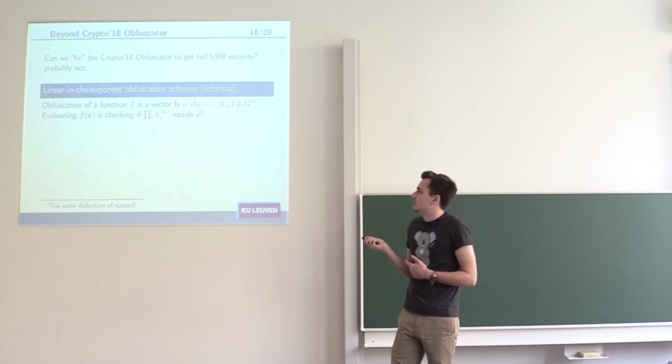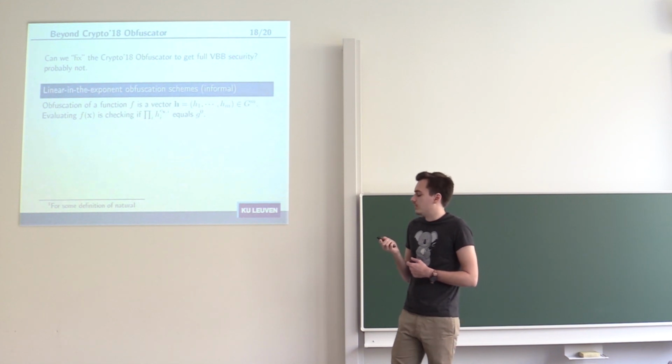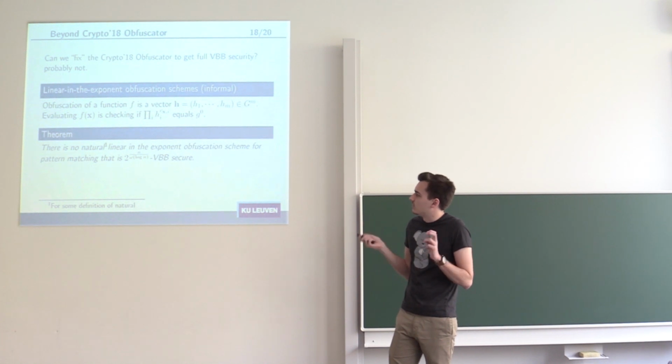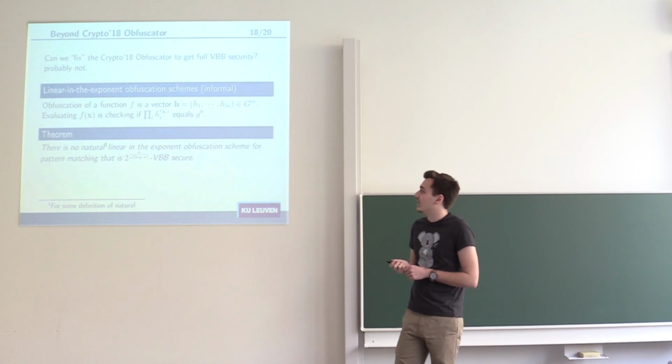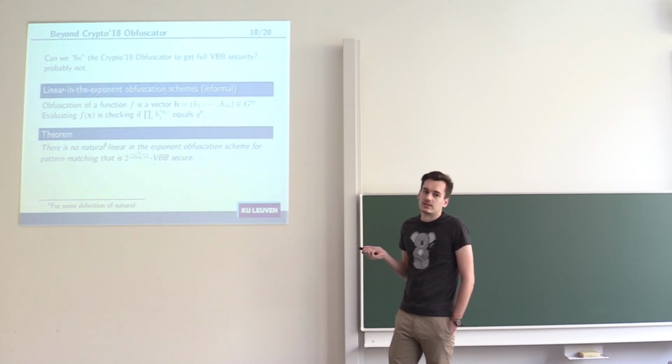That's very general, because we don't assume anything about how the h are formed. We don't assume anything about how the c's are formed. But still we can prove that there is, well, there's a caveat, but there is no natural, for some definition of natural, linear form obfuscation scheme for pattern matching that is VBB secure, and even stronger, it's not even close to VBB secure, because there's this big factor.